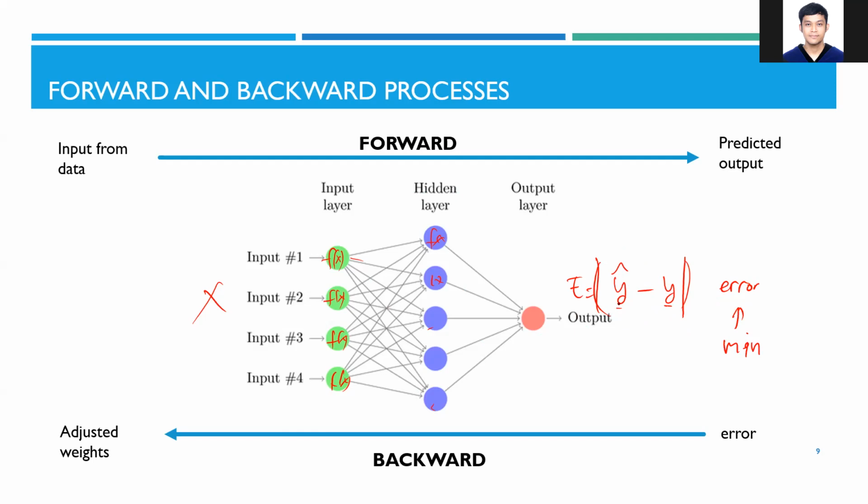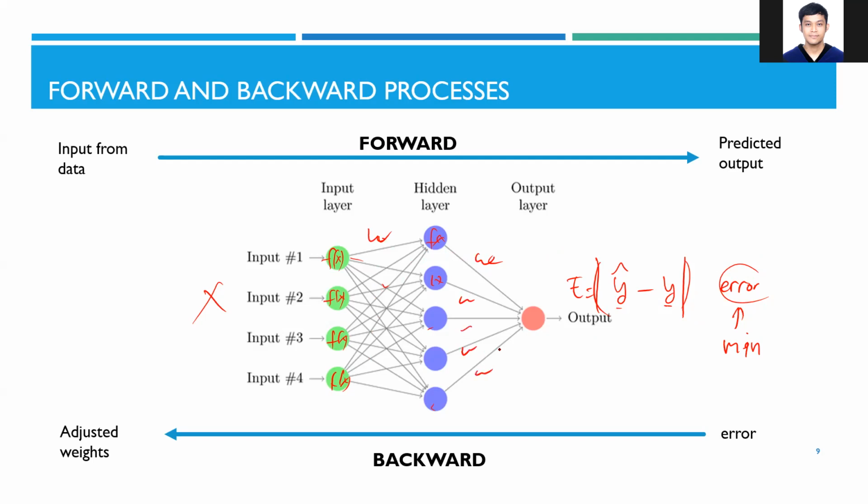So how do we minimize the error? What influences the error is the weights and the activation function. But basically, if we want to minimize the error, we have to find out what the weights are. So we have weights here.